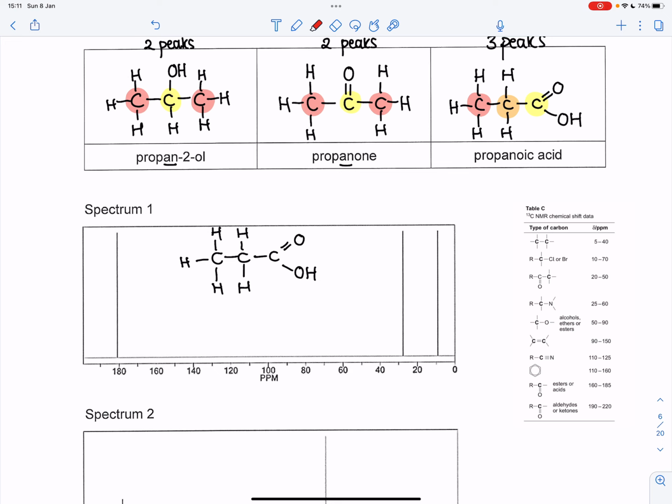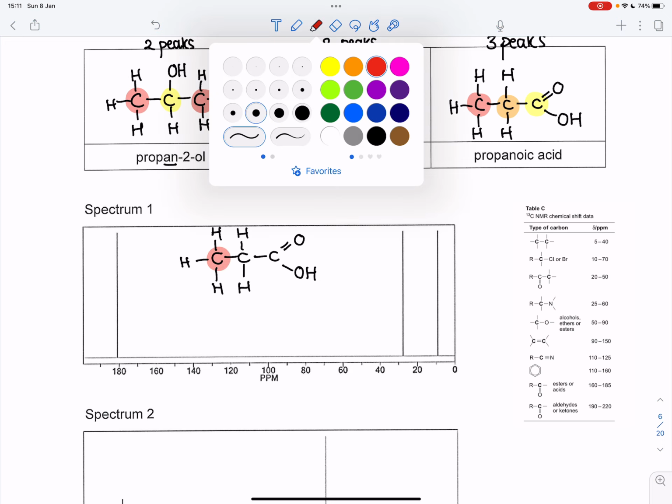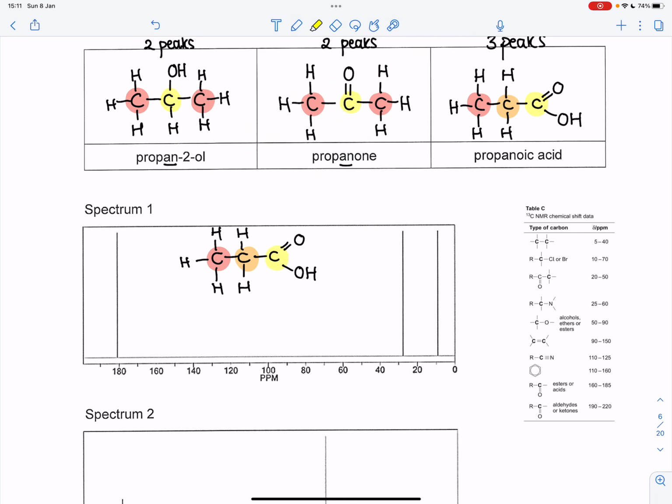So if we just re-sketch what we had, 3 different carbon types, and if we look alongside, I've just snipped out the part of the data sheet that we need, and we start with what I would call the interesting end of the molecule, the carboxylic acid end.